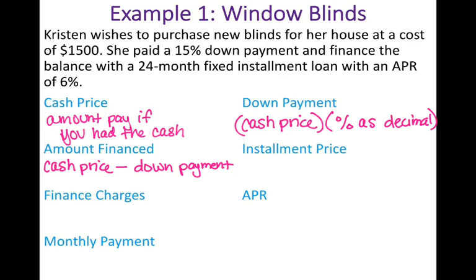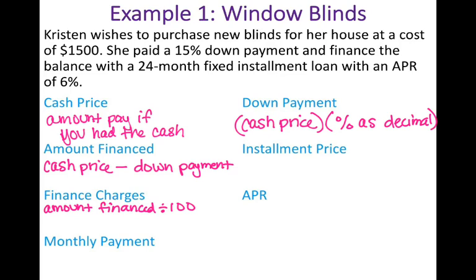So for the finance charges, what you're going to do is start by taking the amount financed and divide it by 100. Because we're going to use our table, which sets it up as increments of finance charges per $100.